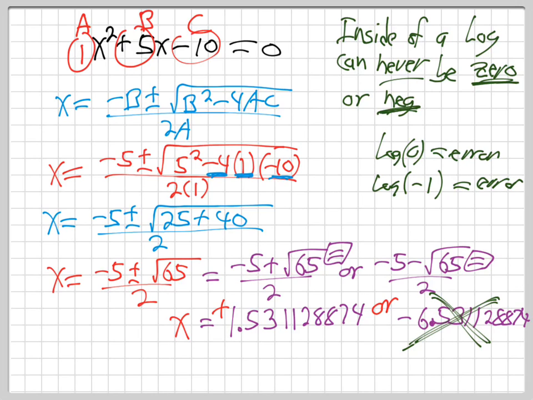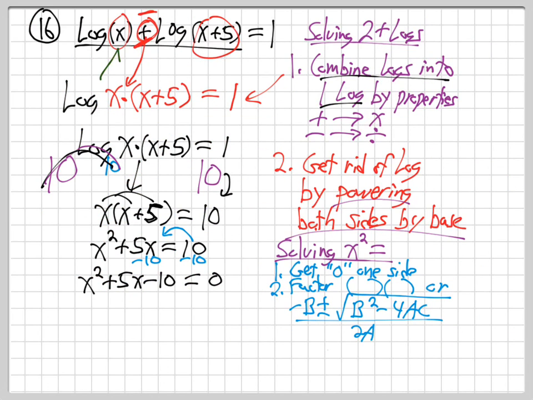You can actually get false answers when you're solving a log equation. It's pretty tricky. If I took that answer and plugged it back in for x, the negative 6.5311, whatever, it would make the inside of that log negative, which is just an error. It's not a real answer.